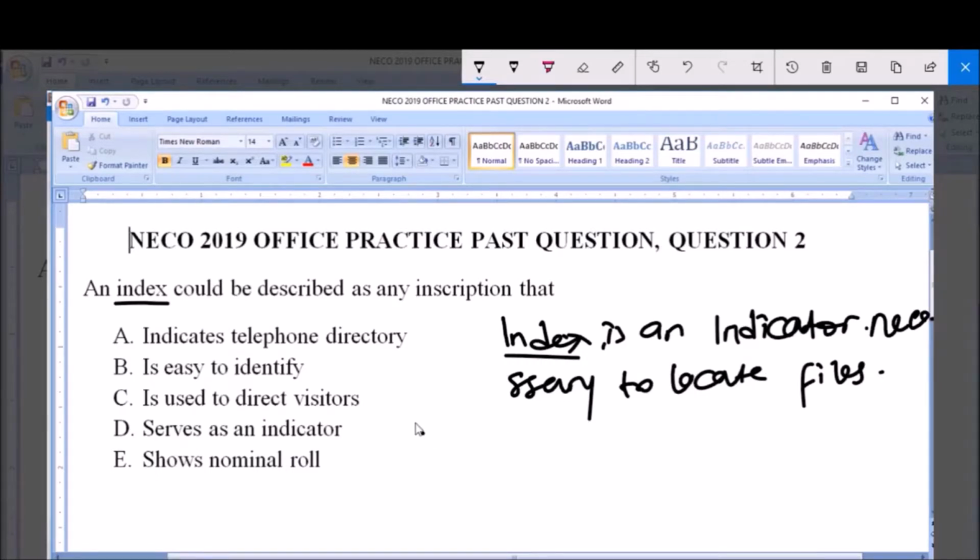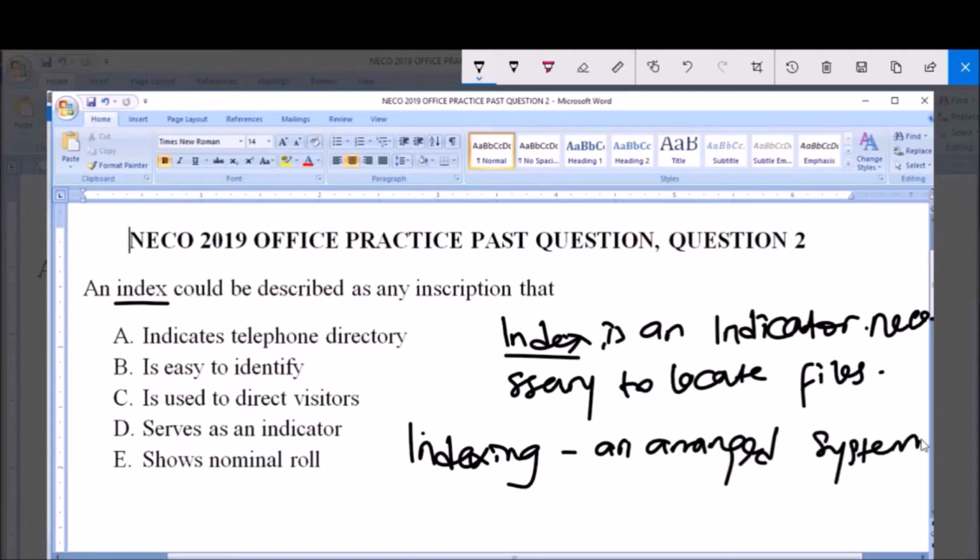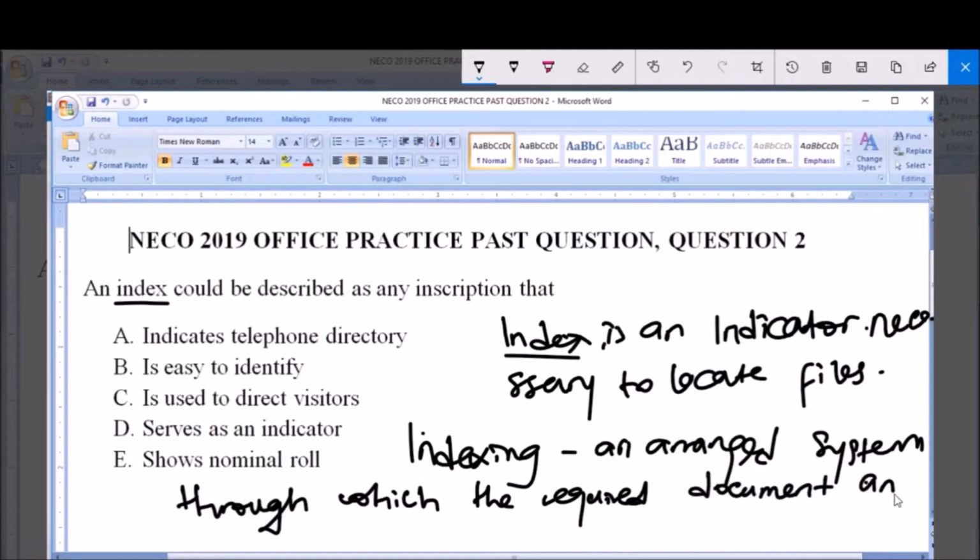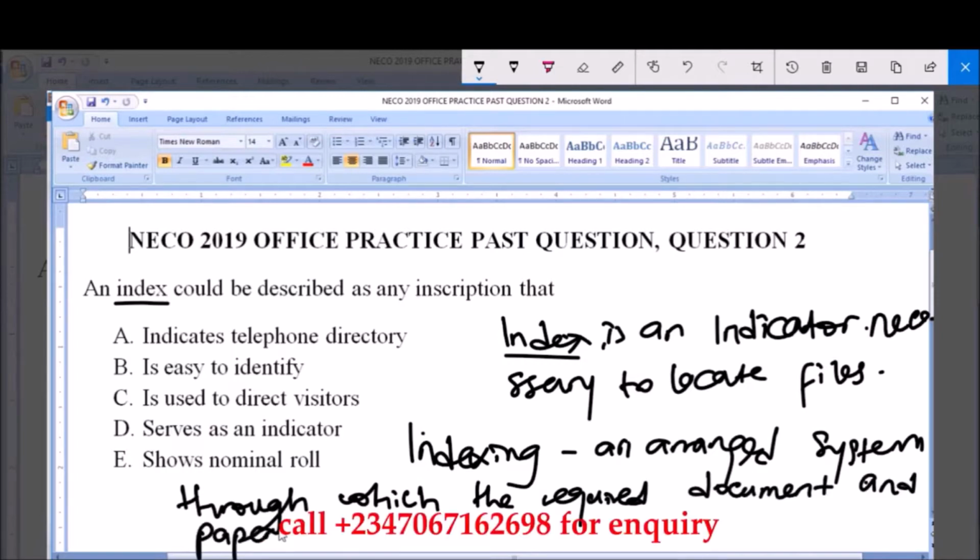Now indexing simply means an arranged system through which the required documents and papers are easily located for speedy disposal.